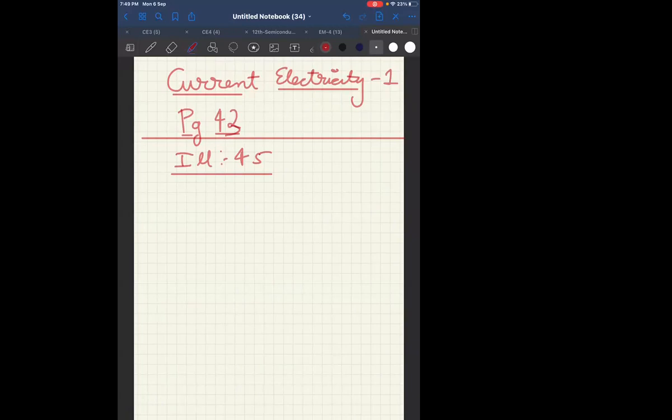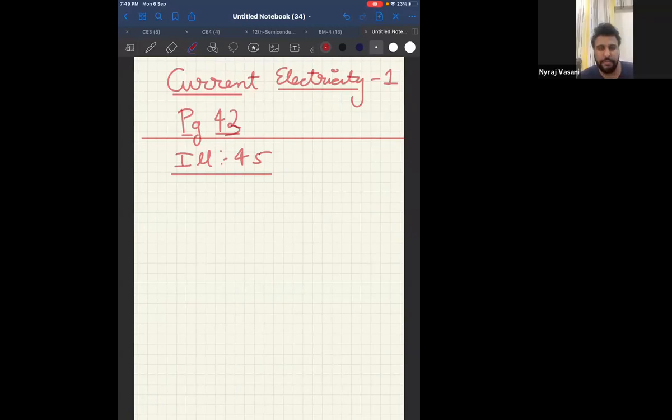Why are you getting two answers, 3 volt and 1 volt? What is the issue? Answer is A, 3 volt. Getting it? Answer is A. Should I do it on the screen? 3 volt. Yes, sir.